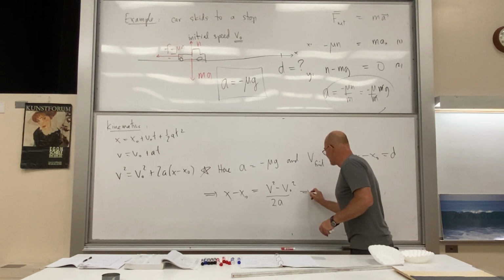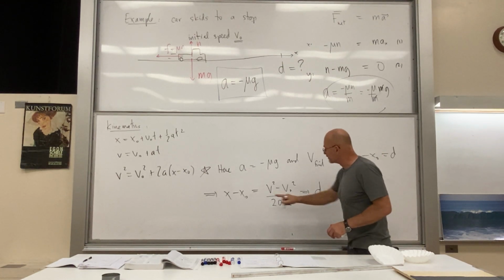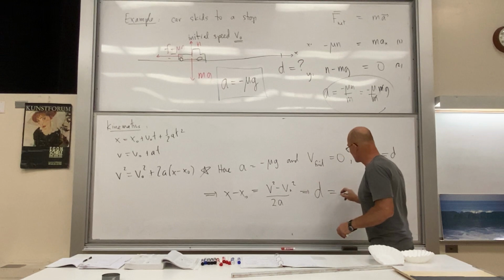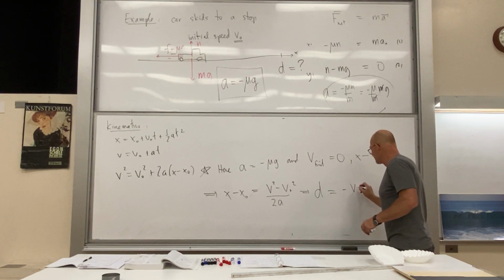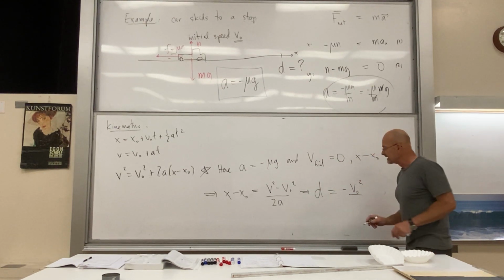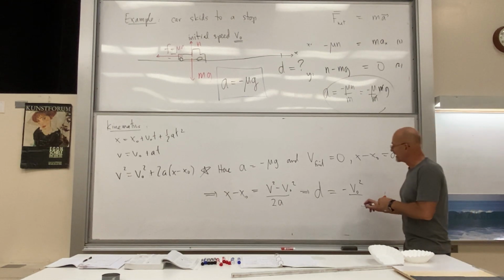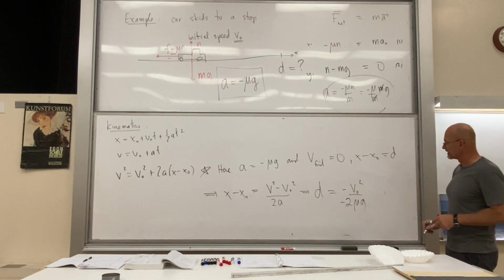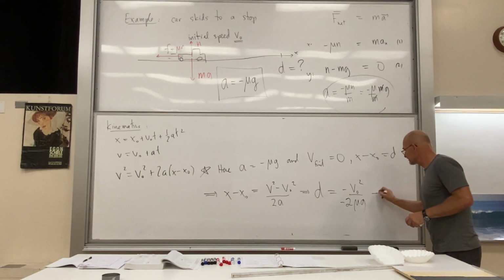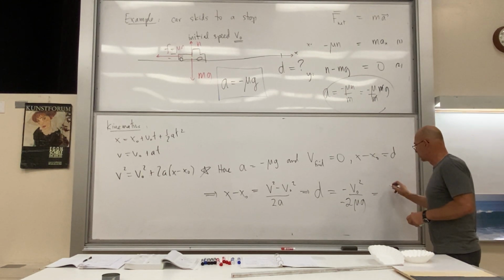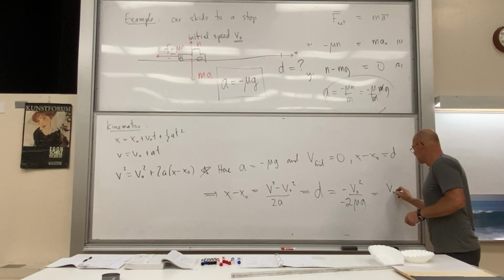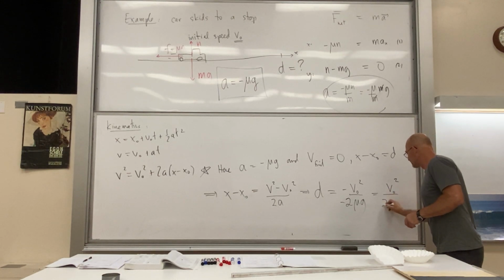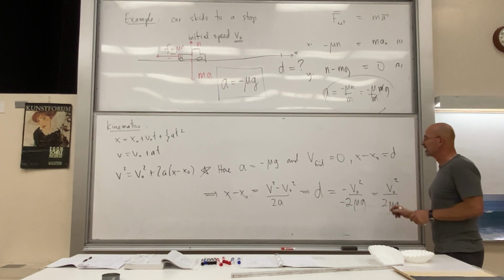And that means d, which is what we're looking for, since v is 0, equals minus v0 squared divided by 2 times a, which is minus 2 mu g, equals v0 squared over 2 times mu times g.